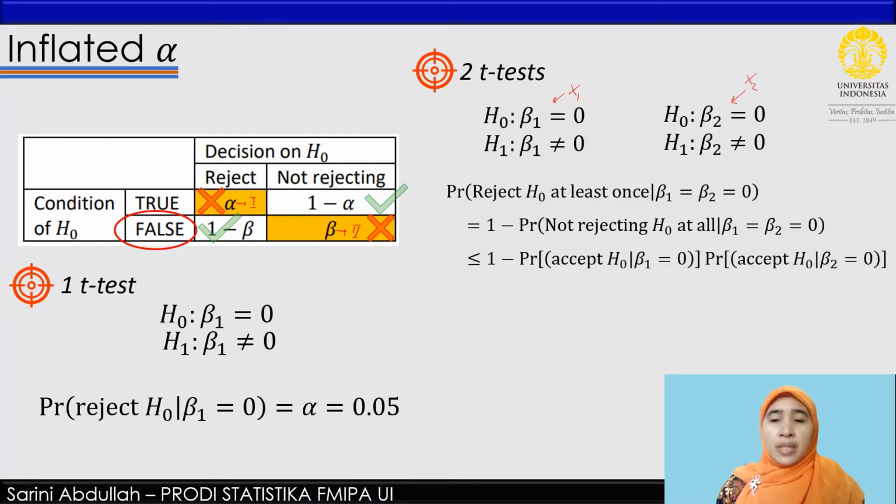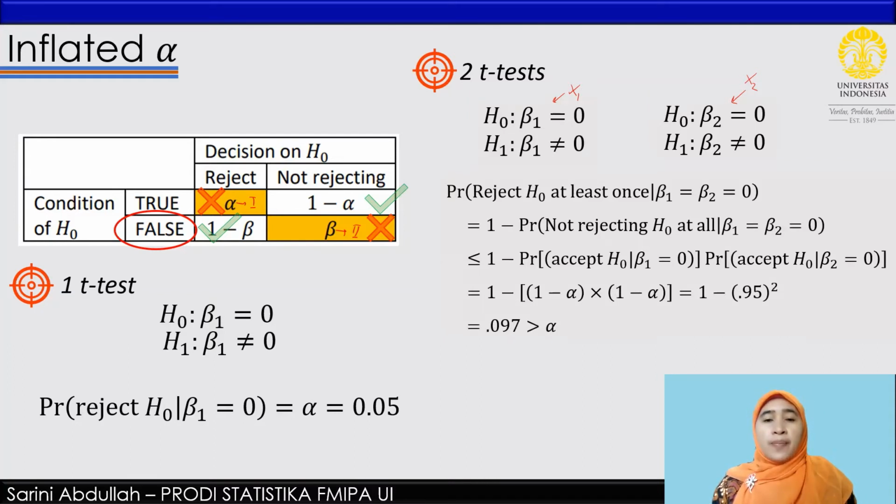And then using some mathematical manipulation, we get this relationship.